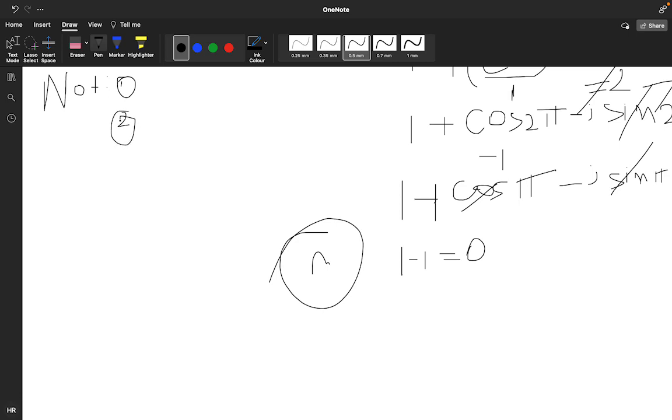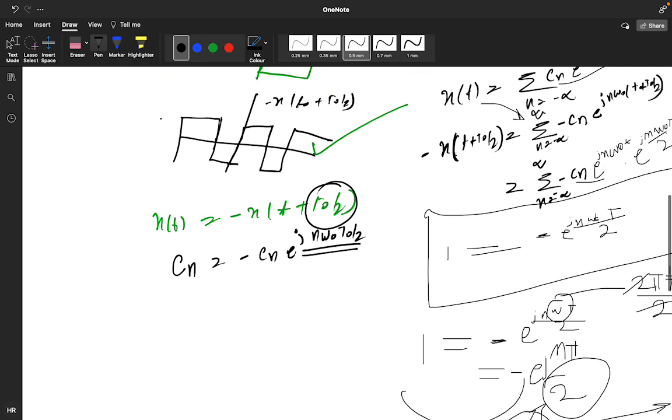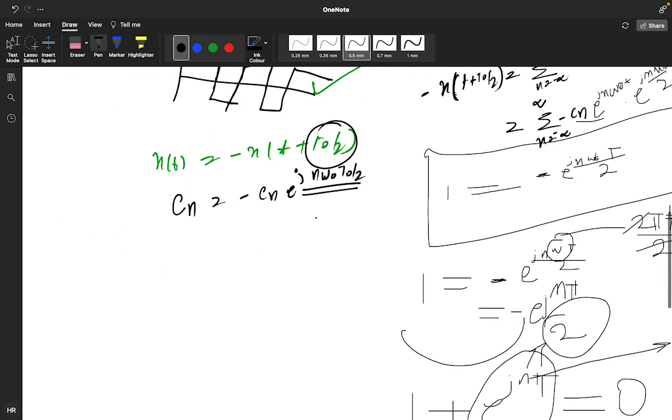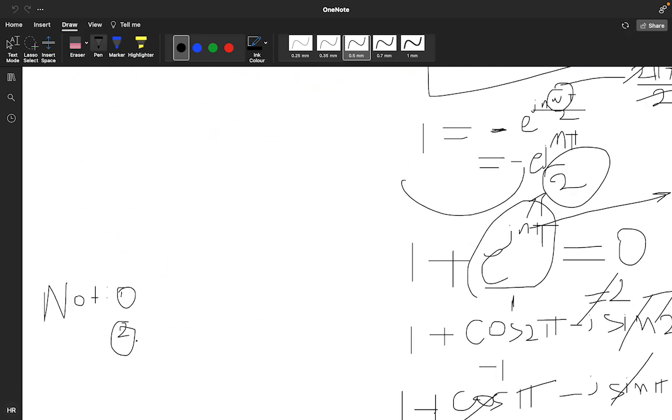Second point, write the second point. If your Fourier series expansion is of an even half wave symmetric signal, it means your signal is even, but it is also half wave symmetric, HWS.